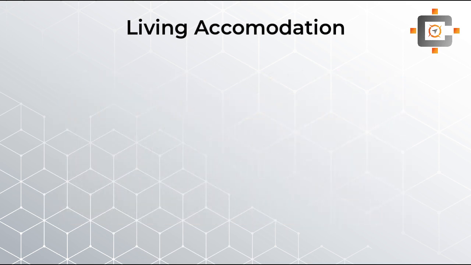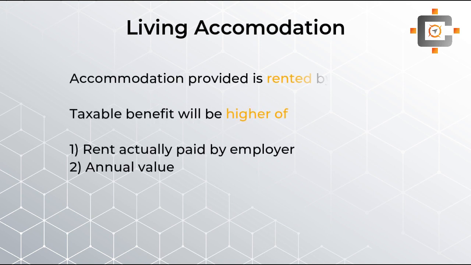Now your question may be: sir, what if our employer does not own the property, but has rented it and given it to us for use? In that situation, if the accommodation provided is rented by the employer, it will be taxable at the higher of the rent actually paid by the employer and the annual value.